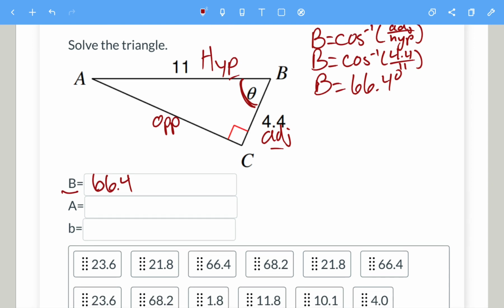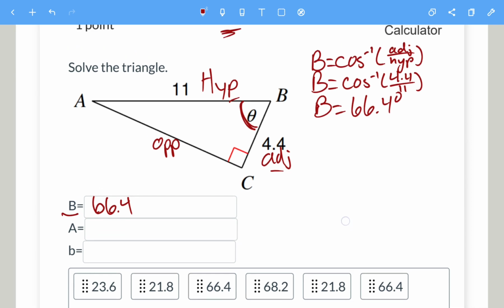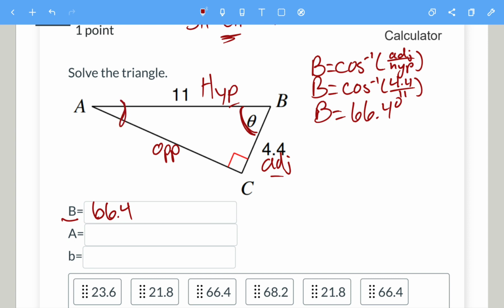Okay. Now for angle A, there's 2 ways we could go about this. First way is to use it as a reference angle, and then you would end up using the sine function to find your angle. Or we could just remember that all 3 angles in a triangle add up to 180.